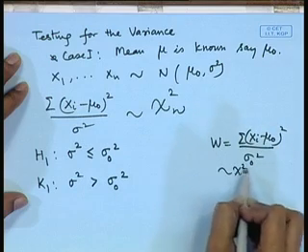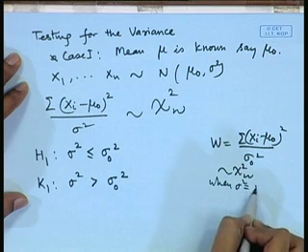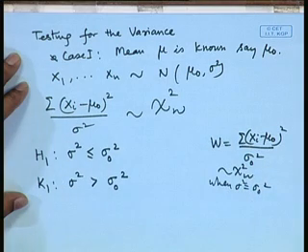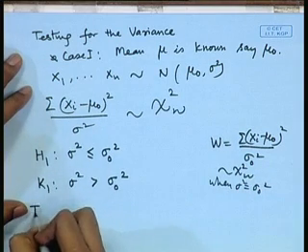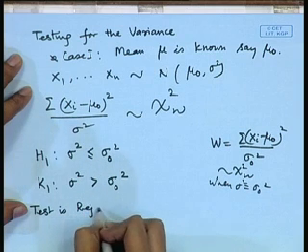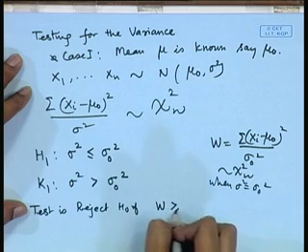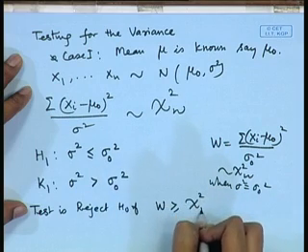This will follow chi square distribution on n degrees of freedom. So, we may use the test as: reject H naught if w is greater than or equal to chi square n, alpha.